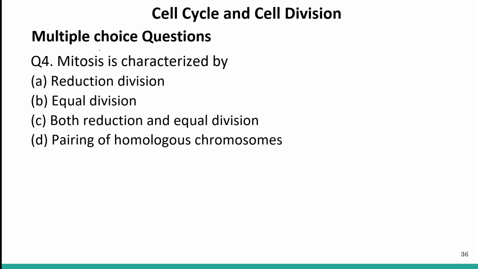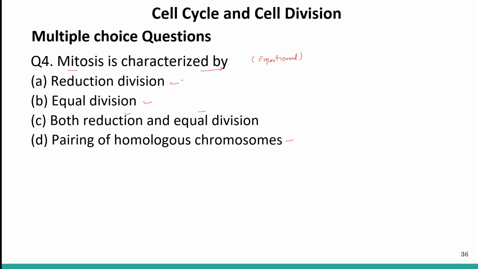Now, the next question is, mitosis is characterized by, and the options are reductional division, equal division, both reduction and equal division, and the last option is pairing of homologous chromosomes. Now we know mitosis is also known as equational division, because the chromosome number and the genetic constitution remain the same in the daughter cells.